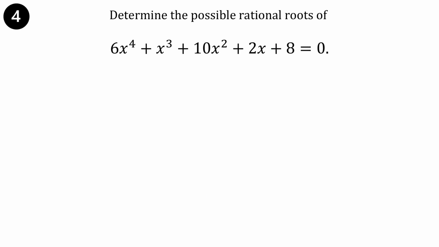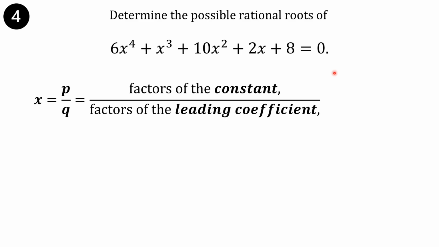Next one, 6x raised to 4 plus x cubed plus 10x squared plus 2x plus 8 equals 0. Applying the RRT, x is equal to p over q. p stands for the factors of the constant, which is 8. q are the factors of the leading coefficient.